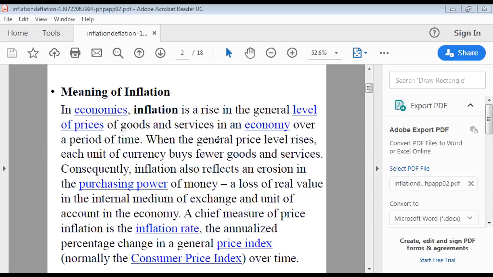And when this happens, the medium of exchange, which is money, declines in value, to a point that the value of money will be totally eroded, which later can actually lead to the loss in real value in the internal medium of exchange and unit of account in the economy.